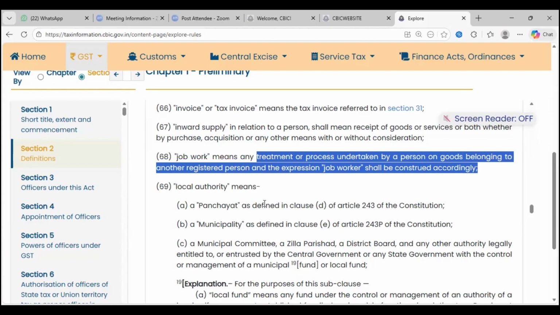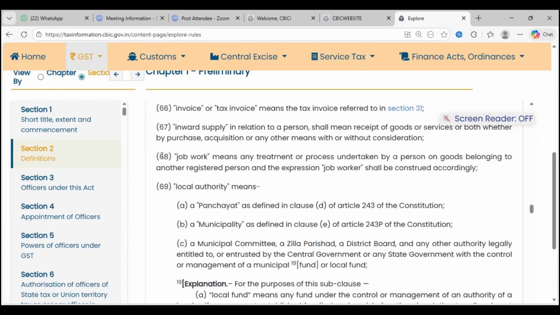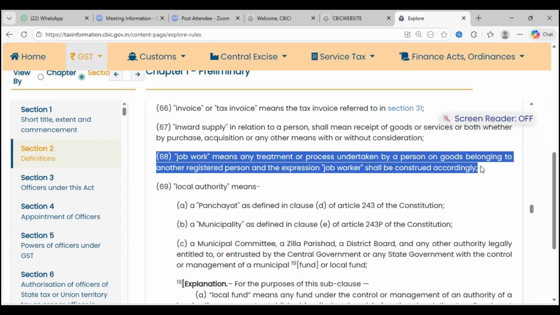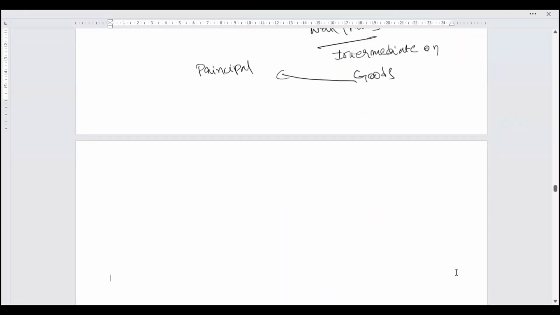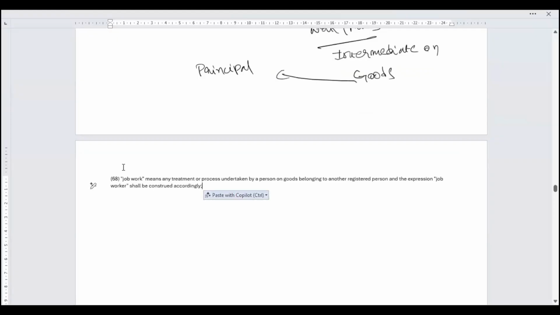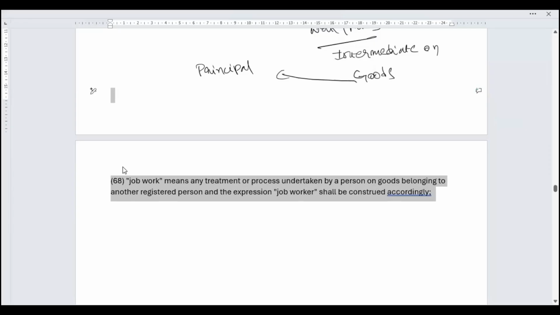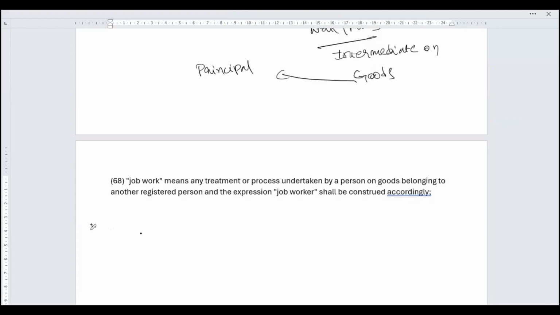So in simple, what we need to understand from here is this treatment or process. So ingredients: there is a treatment, there is a process.